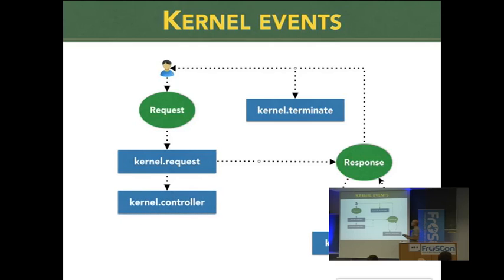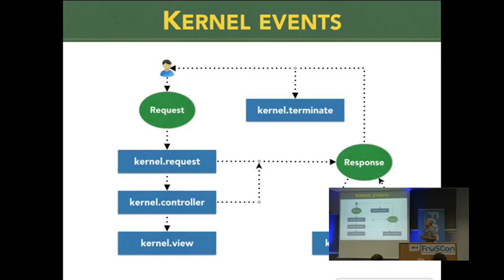Then, in the normal flow, the kernel.controller event is dispatched. And then, in case we don't return a proper response object in the controller, there is like a last opportunity to convert that object, for example, one string into a proper response object.